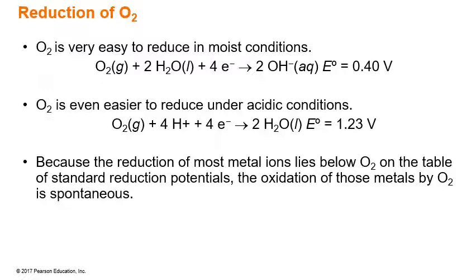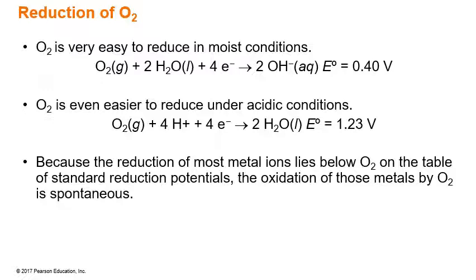And so that is why we get rust on our cars spontaneously. We try to coat them in paint so that the iron that the cars are made out of isn't exposed to the oxygen. So that's why if you get a nick in your paint, that's the first place that rusts on your car.